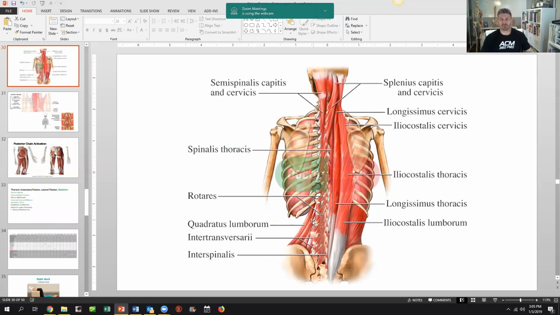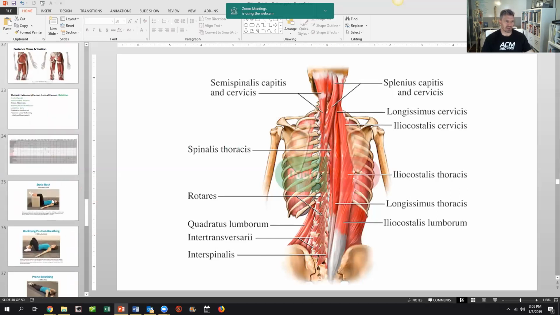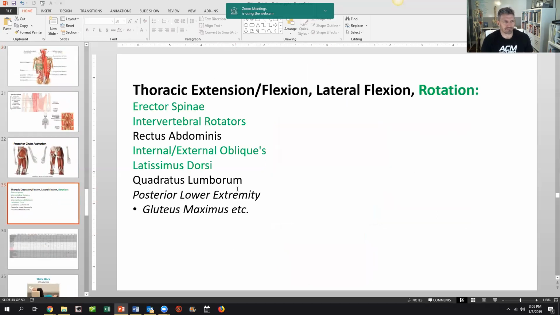But it can contribute to tilting, pulling, rotation. And think about it this way: weakness of those muscles, overcompensation of those muscles, can contribute to compensation in the thoracic back that's causing tightness in the thoracic area. And so just keep that in mind. Talk a little bit about the quadratus lumborum.